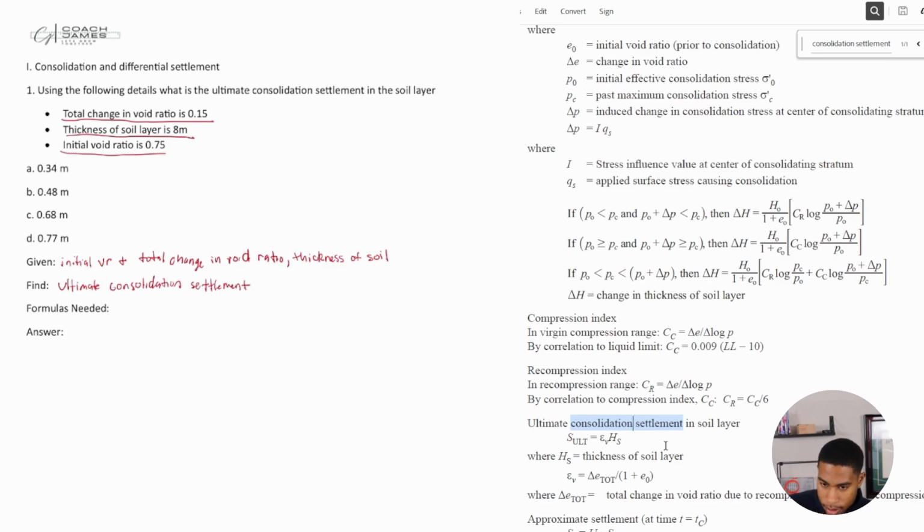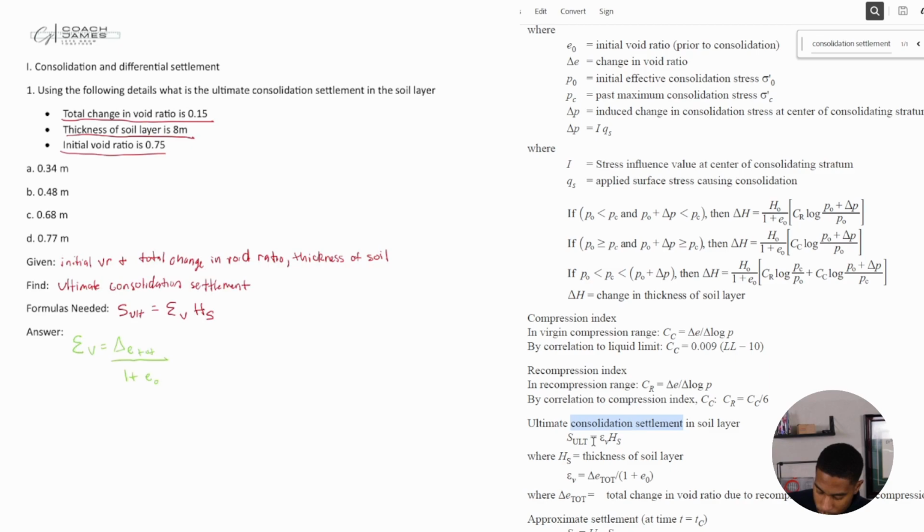Okay. So I know that I'm looking for the ultimate consolidation settlement in the soil layer, so I'm looking for S_ult. S_ult is equal to EV times HS. You just have to break it up in pieces, right? All right, so EV is what? EV is equal to the change in the total void ratio divided by 1 plus the initial void ratio.